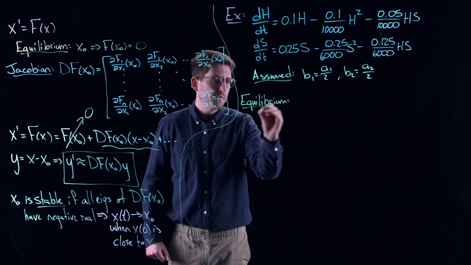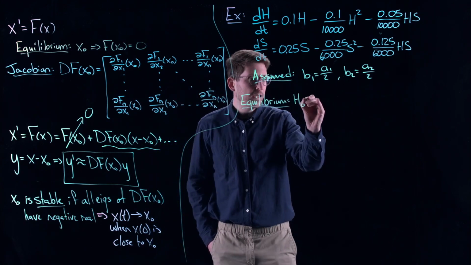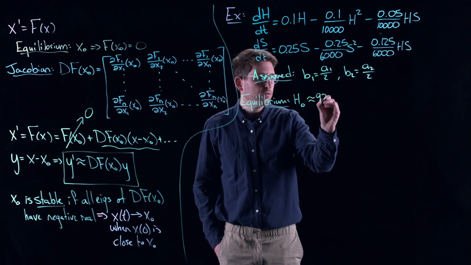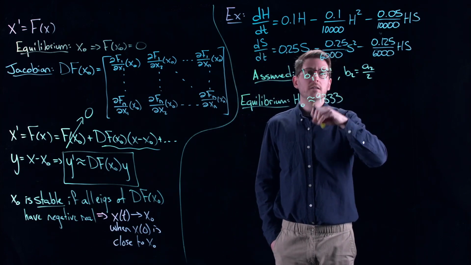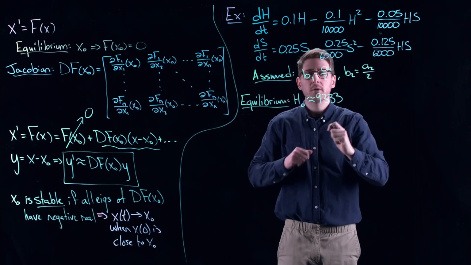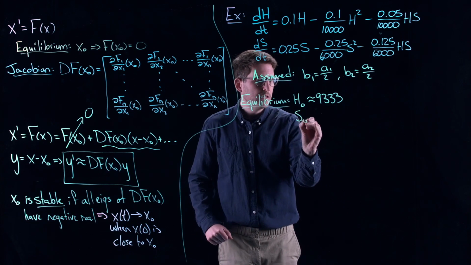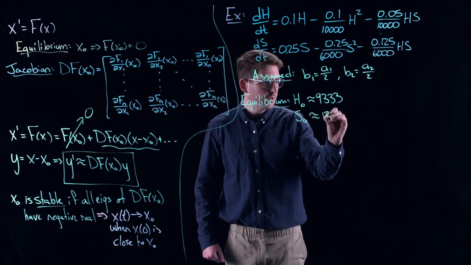Here's my equilibrium. I'm going to call it H naught and S naught. In this case, my H naught is about 9333. You can just take all of these A1s, B1s, R1s, and so on and so forth, and put them into the formula that I gave you when we did this problem the first time. The other one here is about 1333.